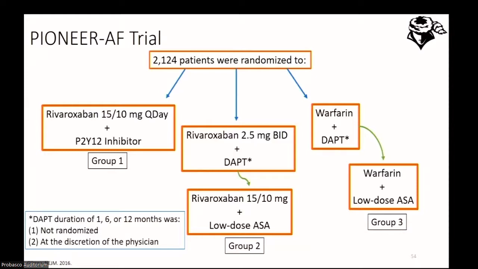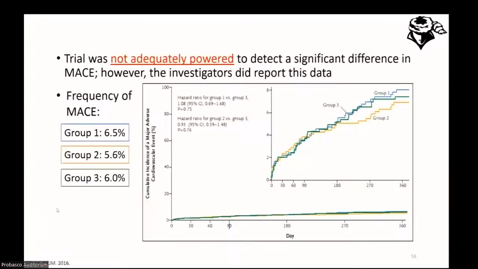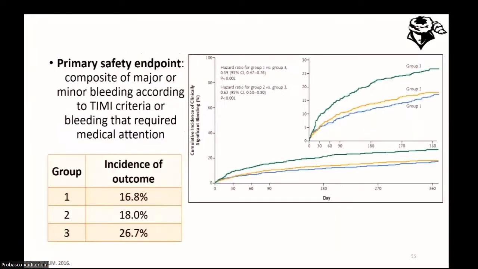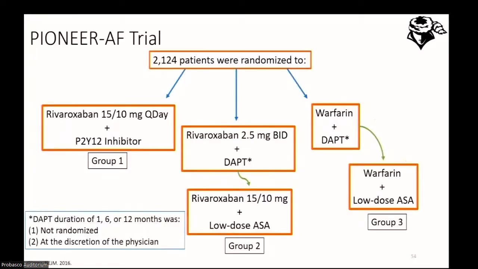Participants who received the treatment for 1 or 6 months then received warfarin once a day, plus single antiplatelet therapy with low-dose aspirin for the remainder of the 12 months. I wanted to tell you guys the average time in range for therapeutic INR of warfarin was similar to what we saw in the previous trial at 64%.